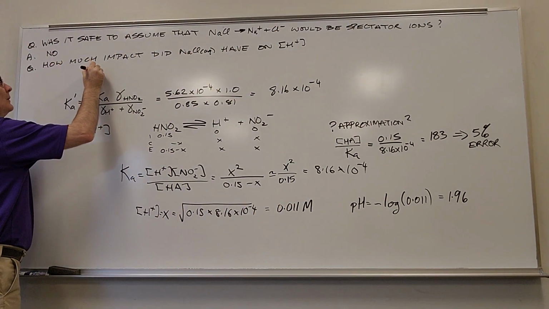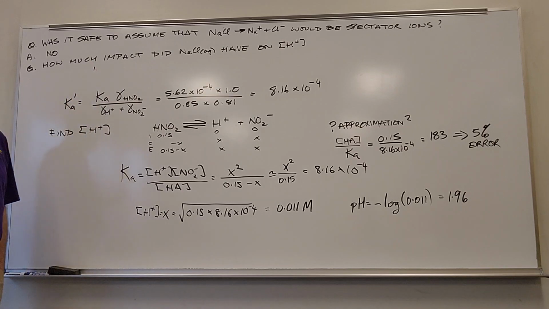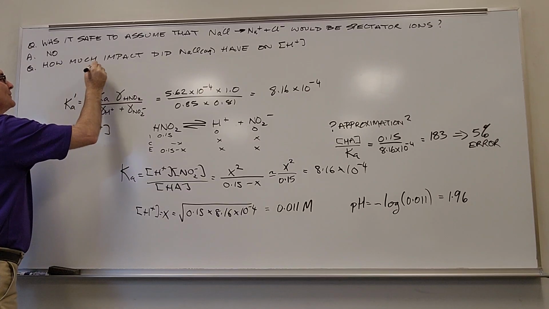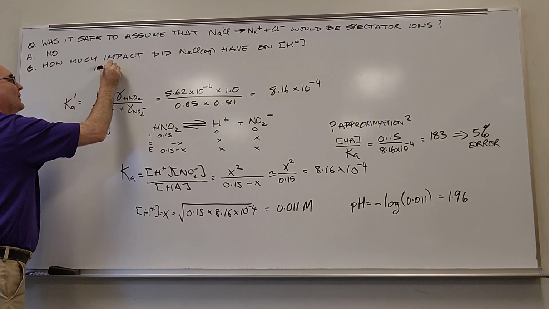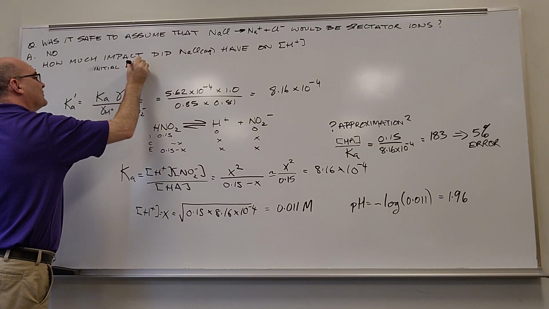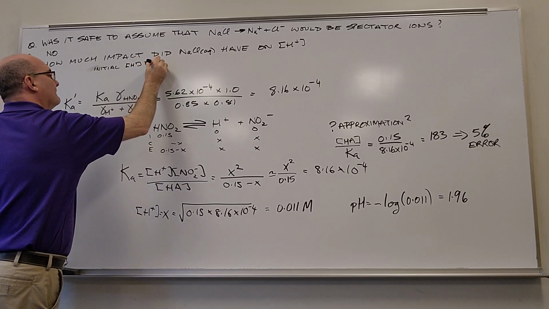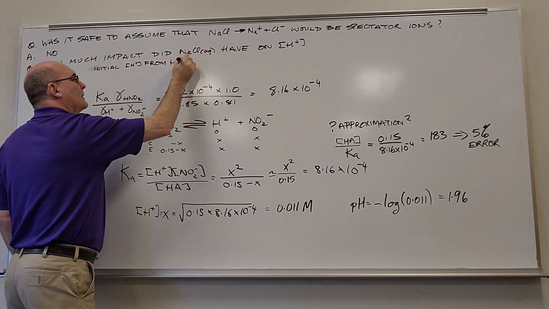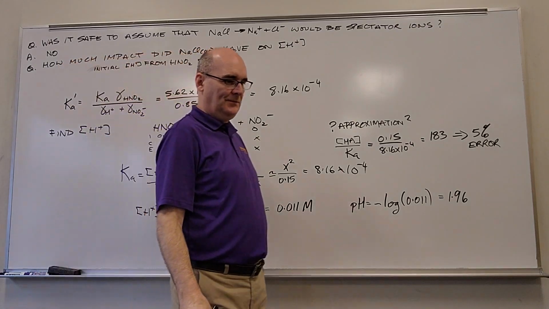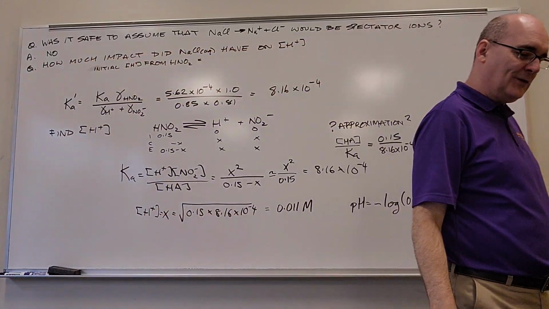I didn't really number these parts 1, 2, and 3, did I? I didn't give them numbers. But from the very first, the initial question, the H plus from H and NO2 was equal to, find that number, that was our very first calculation.